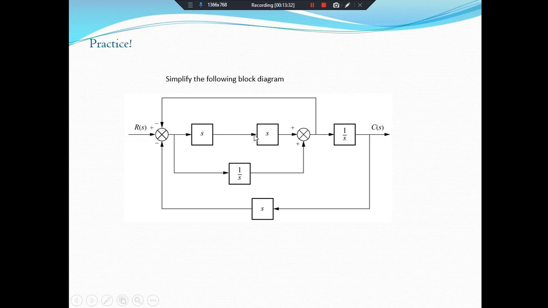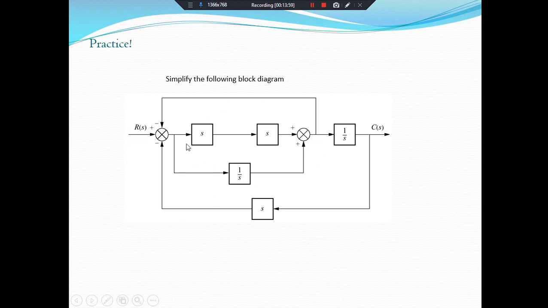In the next step, what will you do? You will add this S square with this 1 over S, and in the next step you will multiply, as this is a summing junction. You will move this pickoff point, and after this you will solve these blocks.